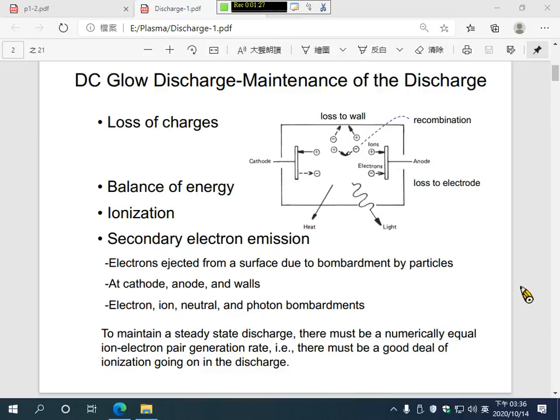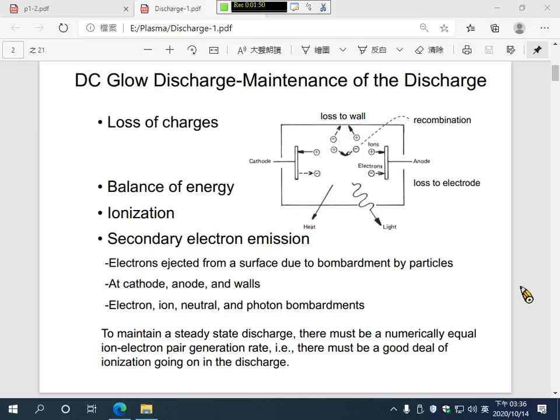But for those kinds of plasmas, the current density flowing through the cathode surface and collected by the anode surface must be high enough. So that's from the previous chapter.